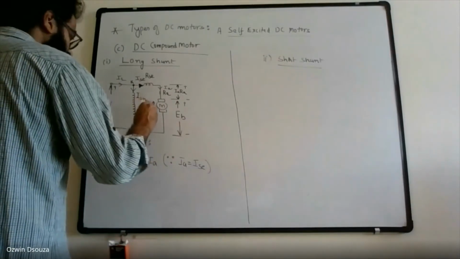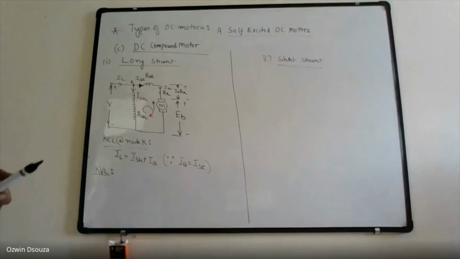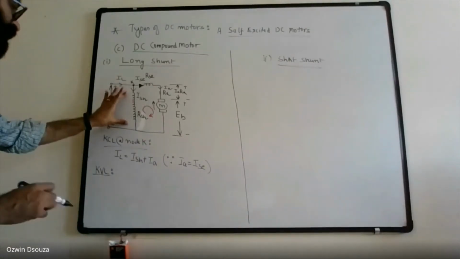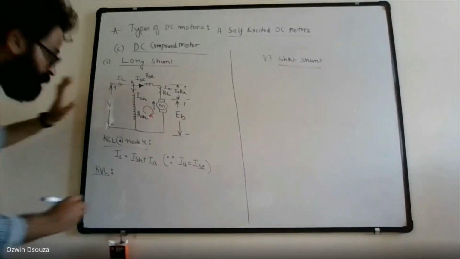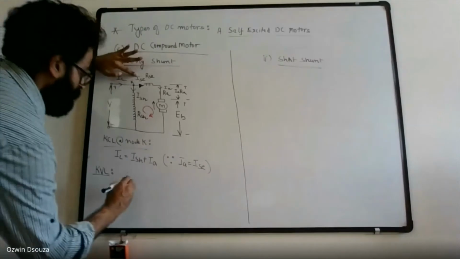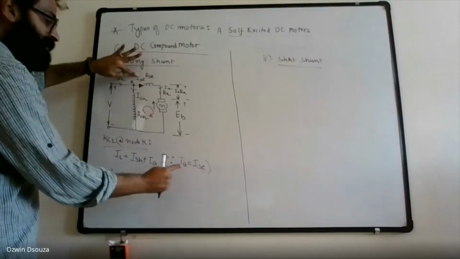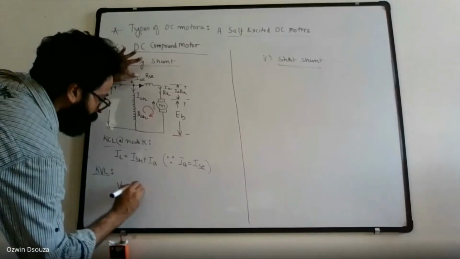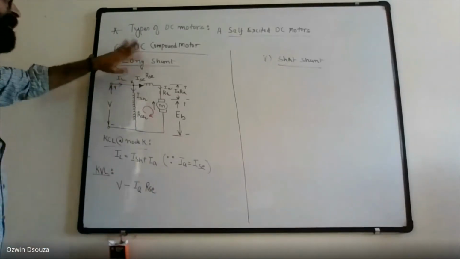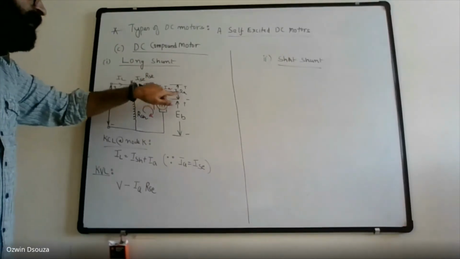Now let us write KVL in the anti-clockwise path. So voltage which is coming across field winding, we can take it as the source voltage. So it is going to be V, and then minus ISC RSC, because ISC is equal to IA. So I will write IA RSC. Then again I have minus IA into RA.